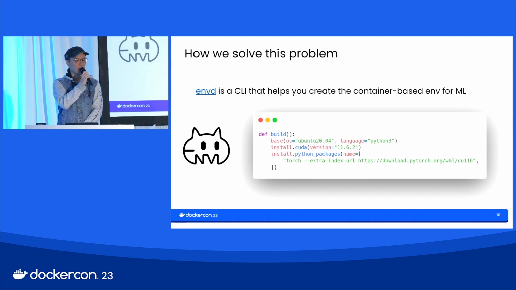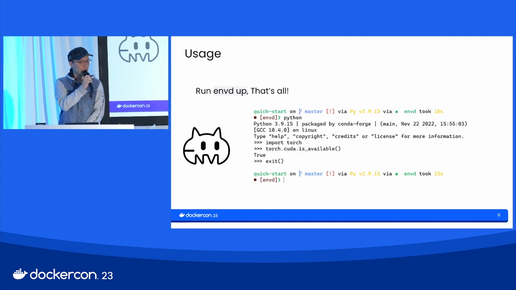You just define a build function and describe what your environment needs, such as the base operating system image, the CUDA version, and the packages you need. With that file, you just run envd up, and that's all.